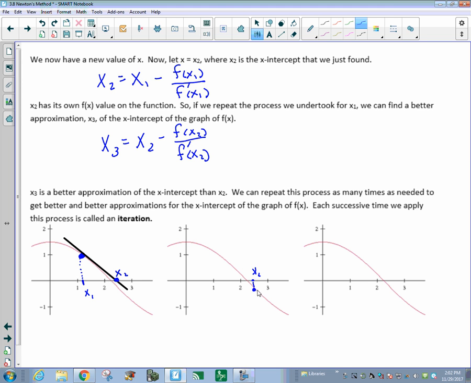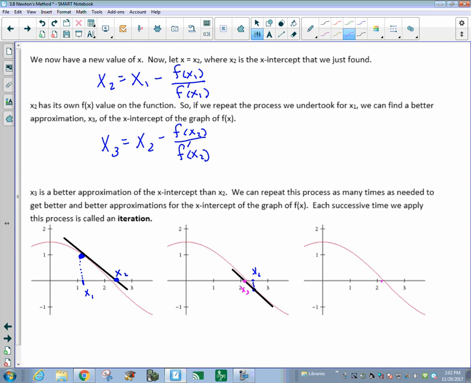That's my f of x sub 2. And if I draw a tangent line to that, you can see that the tangent line at that point will then cross again over here somewhere, on the other side of the x-axis, and that would give me my x sub 3. But you can see that I'm getting closer each time.